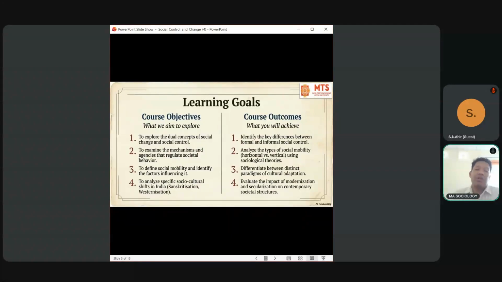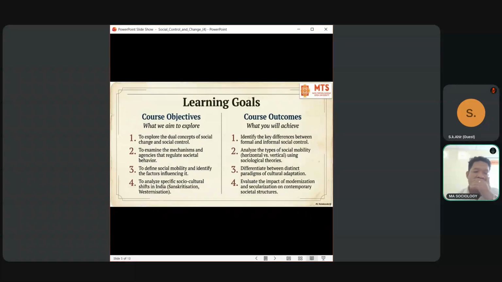You will be able to identify the key differences between formal and informal social control, and analyze the types of social mobility. Mobility means the flow of any agencies, the flow of any culture or any behavior, towards downward or towards upward, so horizontal versus vertical, using sociological theories.